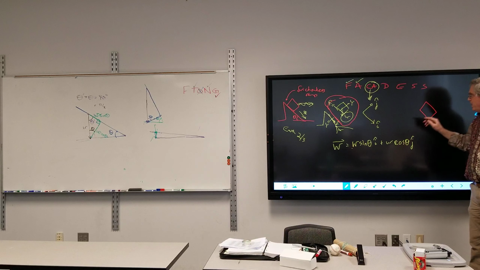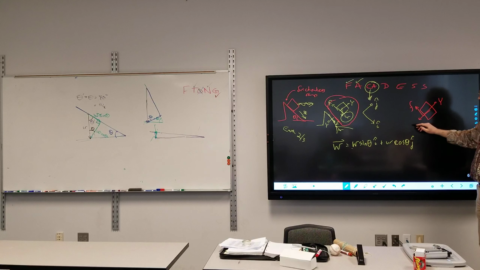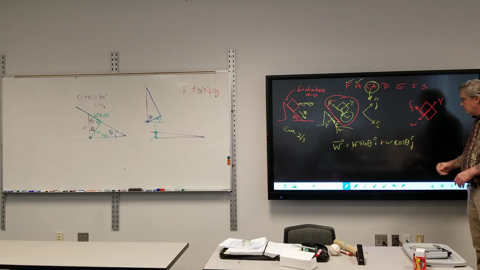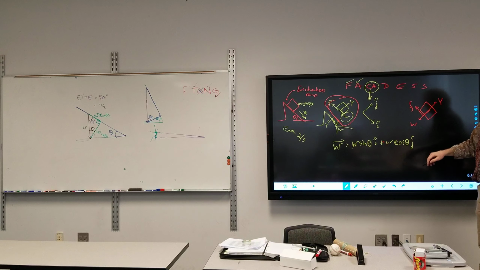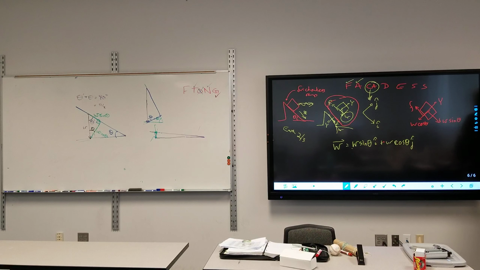Instead of writing it that way, I could write it with y going this way, friction going this way, and then for weight, a component this way, which should be negative there, minus W cosine theta. I have W cosine theta acting that way, and W sine theta acting this way. I'm claiming this and this are the same force diagram. All I've done is take weight and break it into its components.